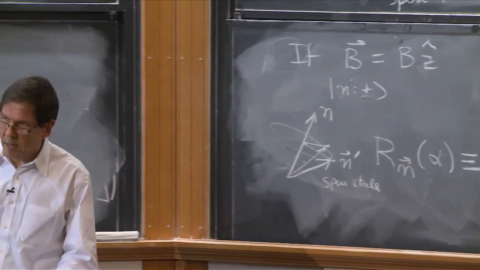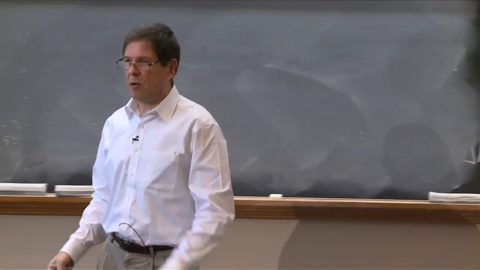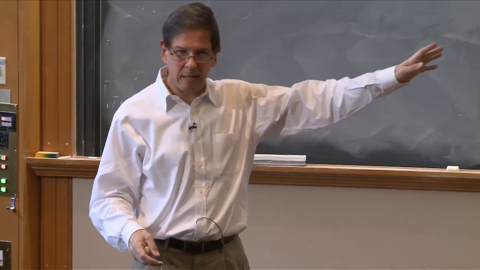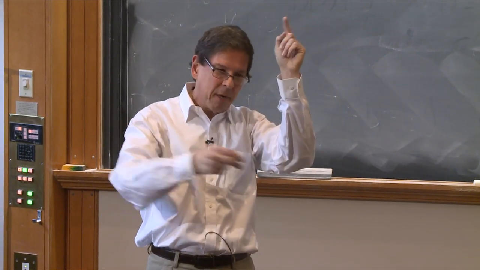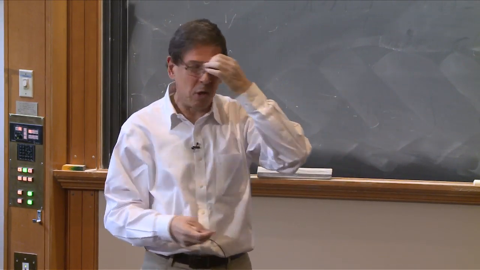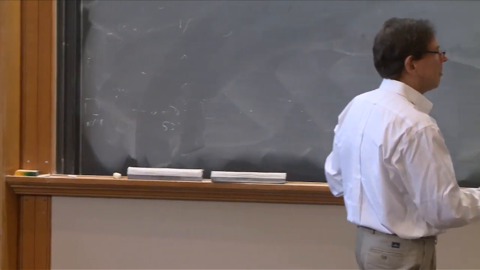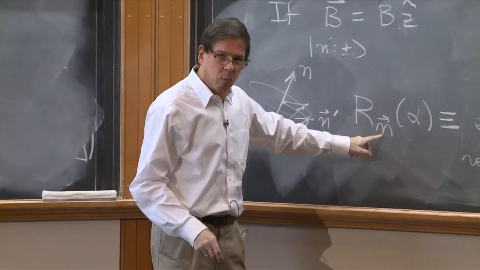Now, it probably is a little vague in your mind, that idea, because you checked it several weeks ago. And you only checked it by taking some particular states and rotating them. So we will have to elaborate on this, and we will.